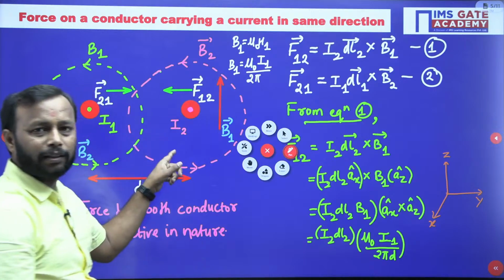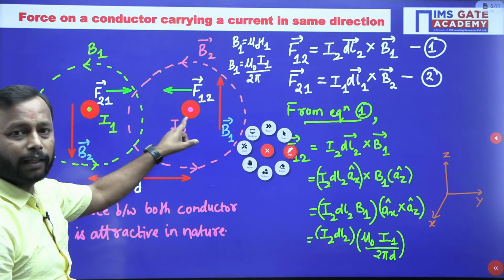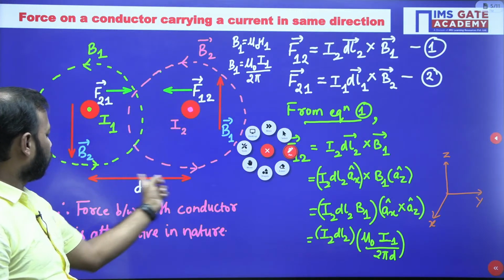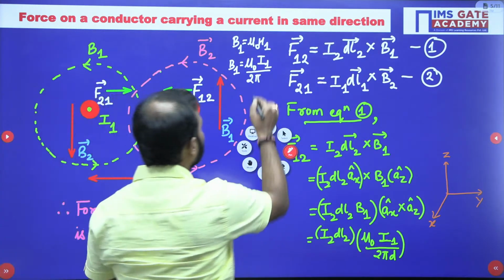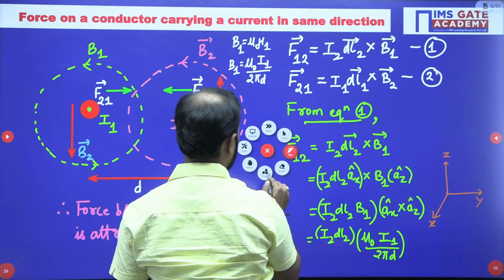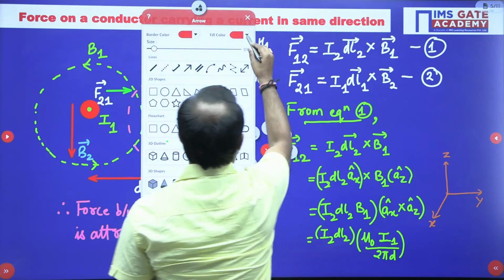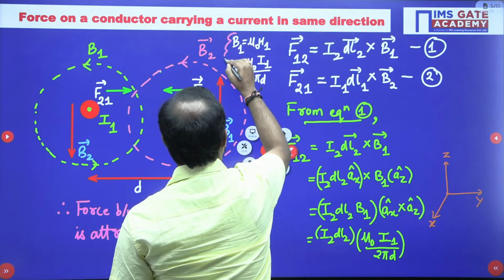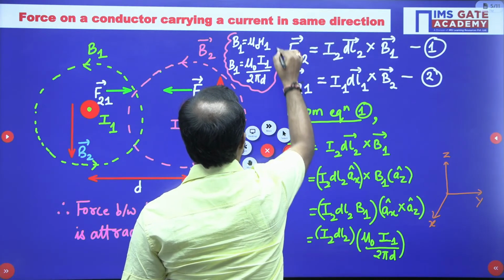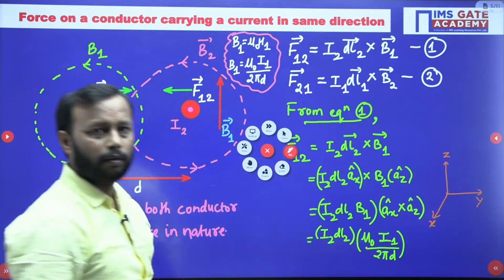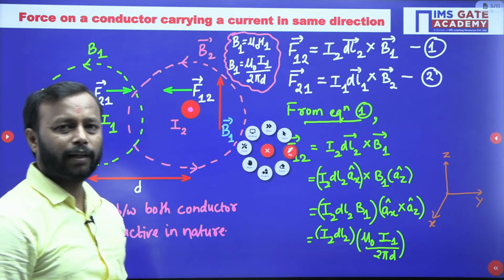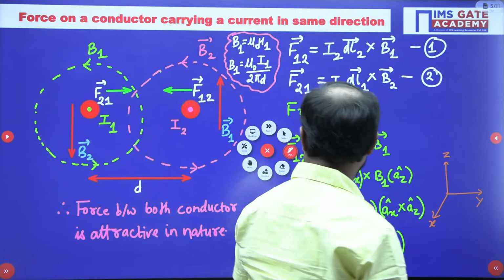At what distance from the center we are getting this H1? At this distance, which is having the value d. ठीक है, कोई डाउट यहाँ तक? Is it clear everything? Is it clear everybody?